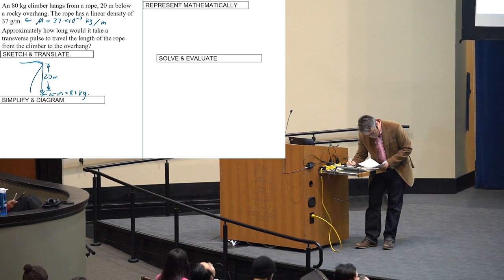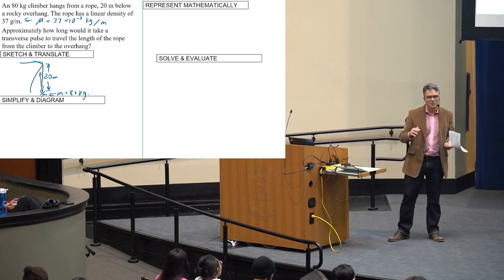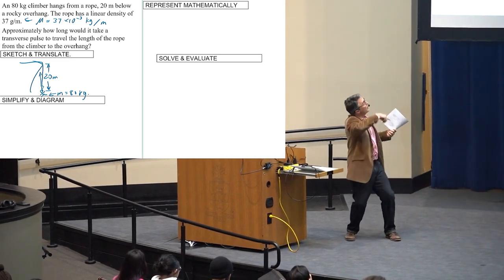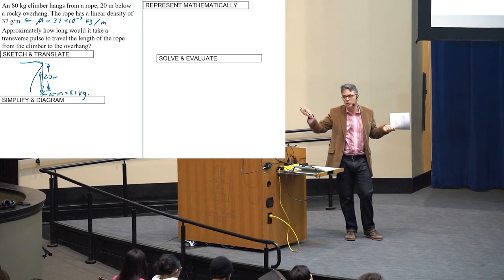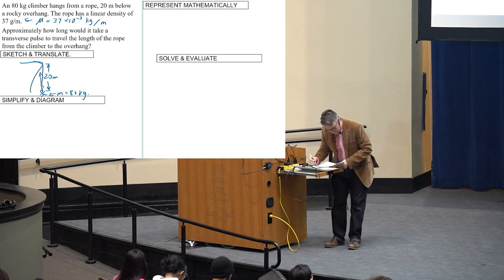Mu we've got. And I think what's going to happen is there's going to be a pulse that's going to travel up. So maybe he wants to send Morse code signals to whoever is holding him from above. You hit the rope and a wave will travel up. And the speed of the wave will be determined by the tension in the rope and the mass density of the rope.